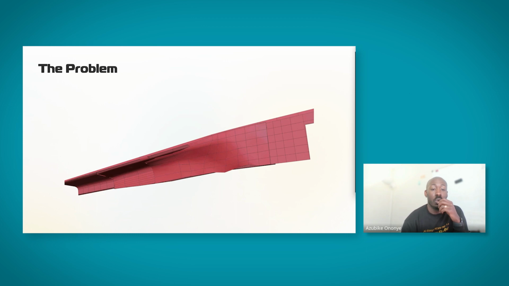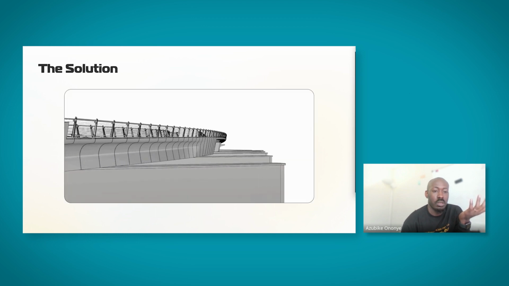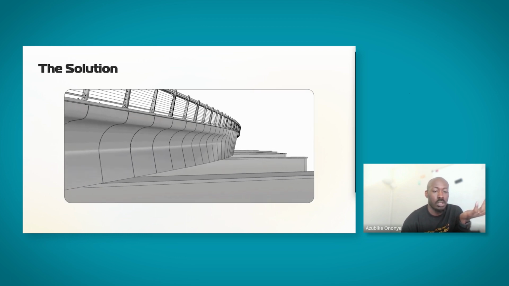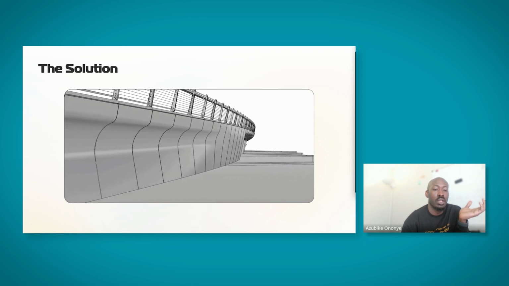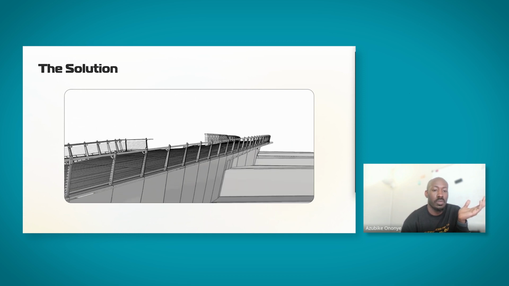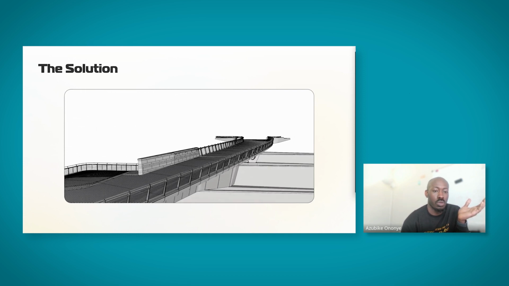And so this is what the actual 3ds Max model looked like for that portion. You can see no one can build from this. So this is a problem. How do we get from this to this? This is the actual model that we ended up finishing. It shows all the railings.